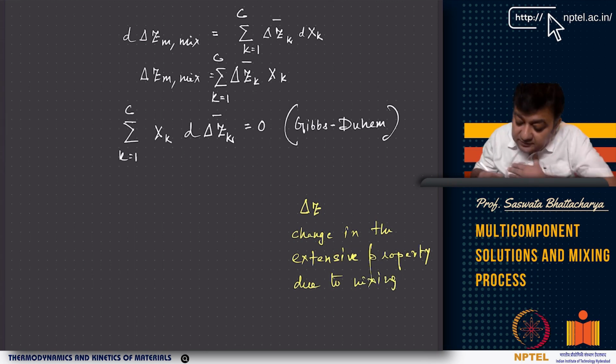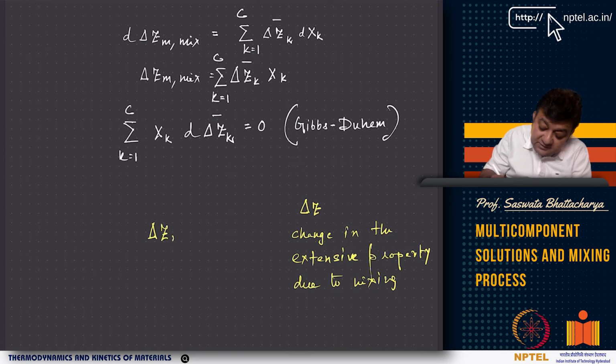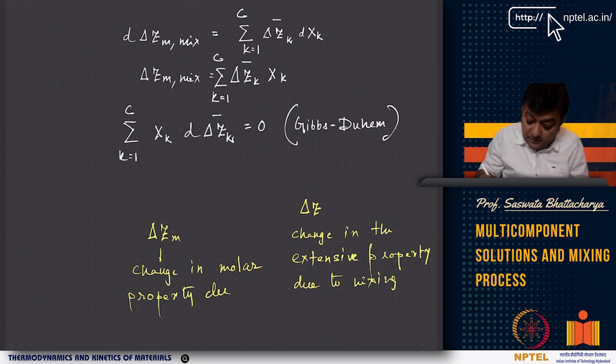So therefore, we can also write something called delta Zm, which is the change in molar property due to mixing.